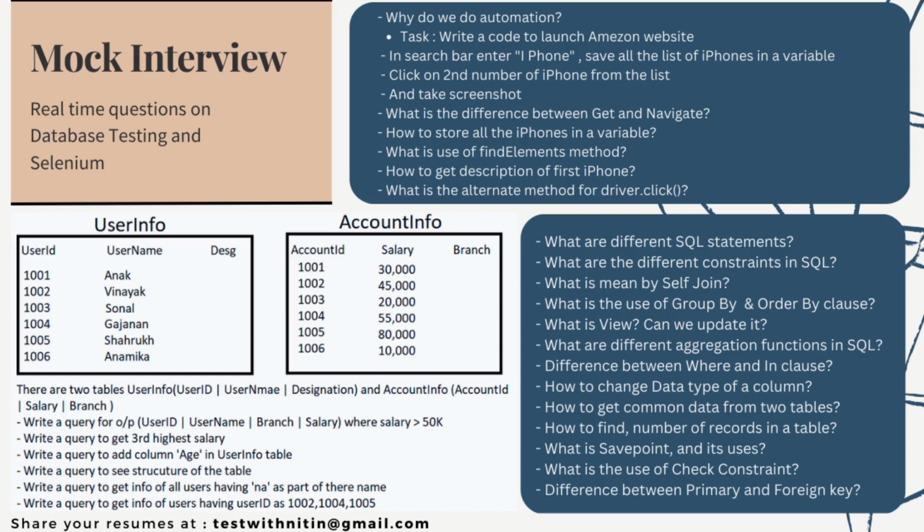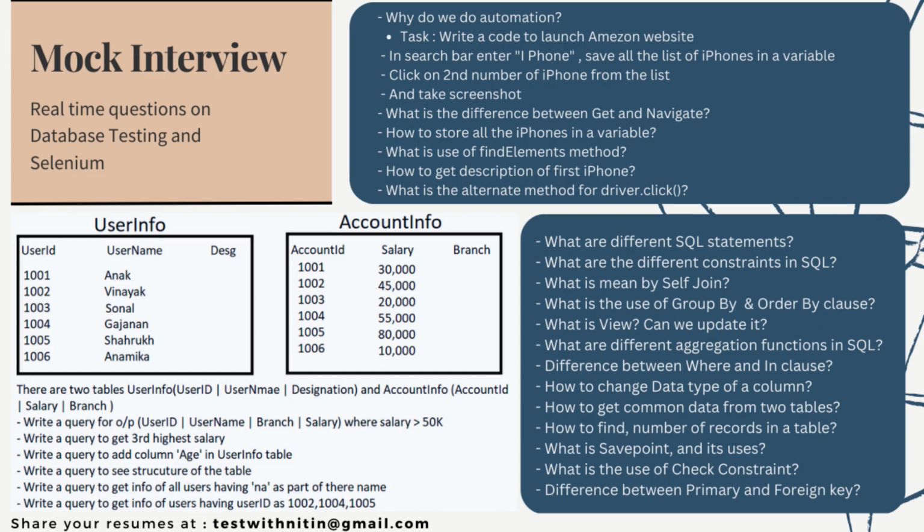You can give me roughly the code, you don't have to write it, just tell me the steps. Wait, my question is not completed. So we have launched the browser, opened Amazon, and searched for iPhone. For this, you have to click on the second iPhone in the list. Okay, sir.